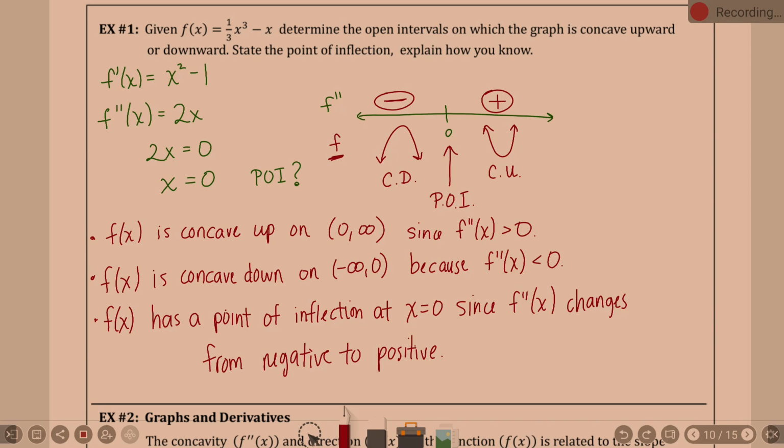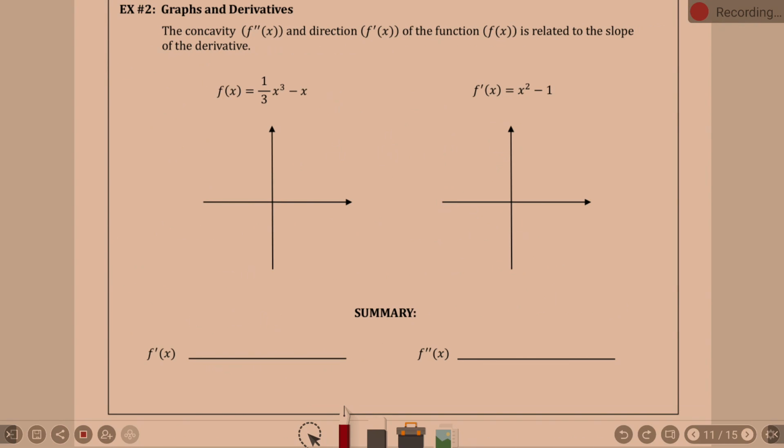So, example 2. Graphs of derivatives. If you notice these equations, they should look a little familiar to you. The concavity, f double prime, and direction, f prime, of the function f of x, is related to the slope of the derivative.